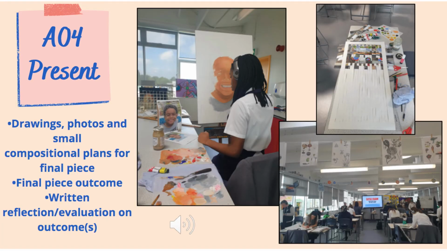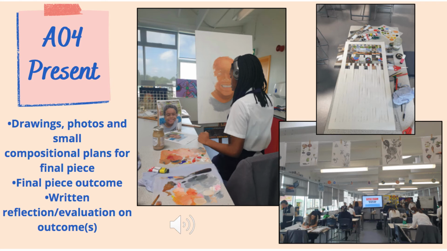And finally, assessment objective 4 focuses purely on your ability to present. And this doesn't mean how you've laid out your work in your sketchbooks, but this means how you're able to finally present your ideas at the end of the project, which usually takes form in a final piece.